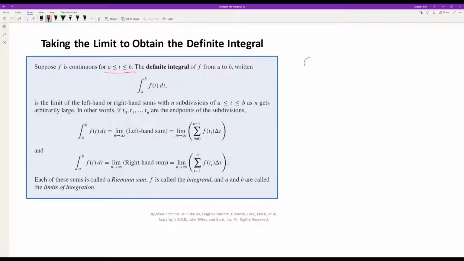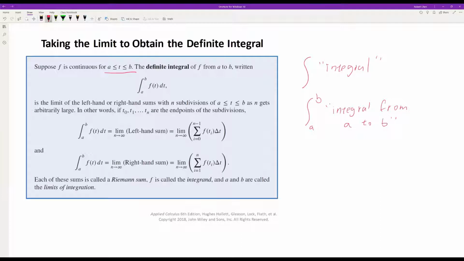This notation is the integral. If you have the integral with a and b in these two places, we say that this is the integral from a to b.